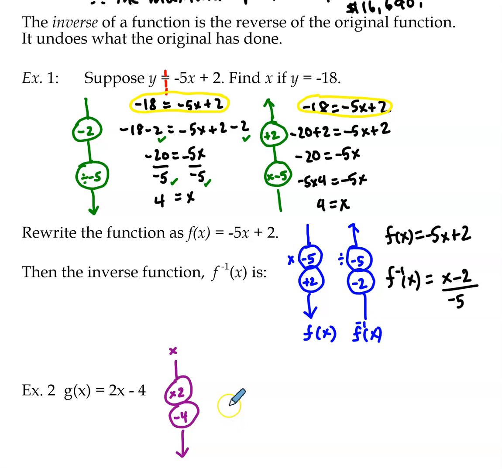So if I move in the opposite direction, then I am applying add 4, divide by 2, giving me the result g at x is equal to 2x minus 4, while the inverse of g at x is x plus 4 divided by 2.